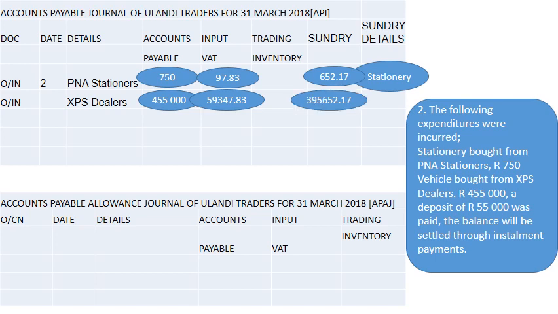Determine the exclusive amount, which will be 395,652 rand 17 cents. Because we are buying a vehicle, we will show it under sundries, and the details of the sundry will be the vehicle account.